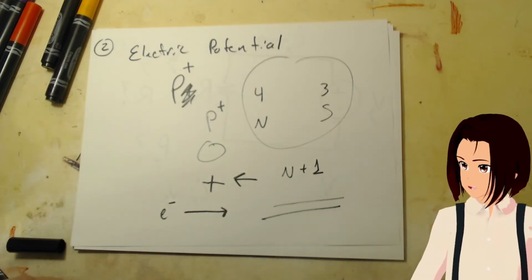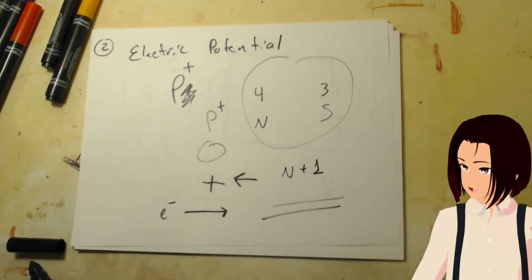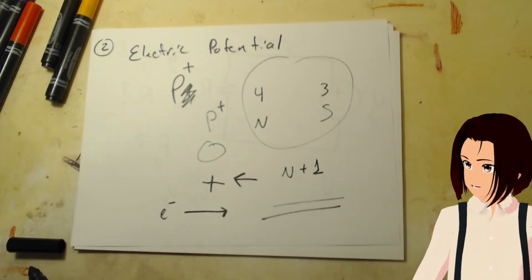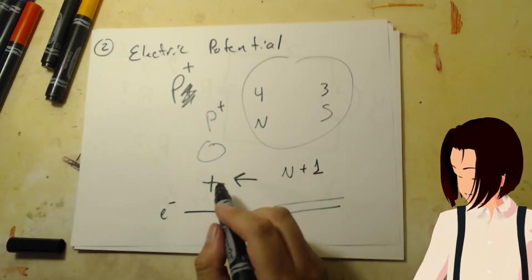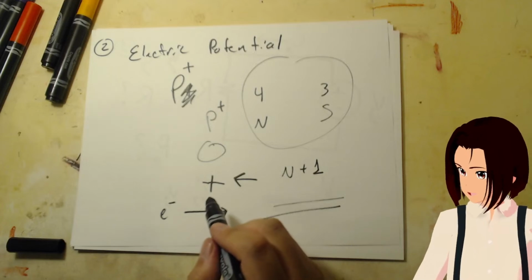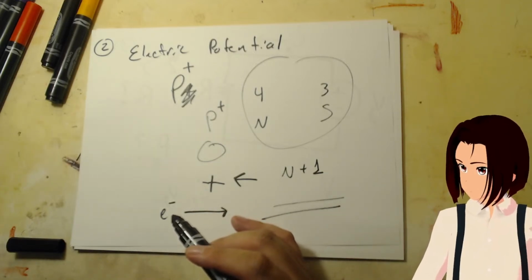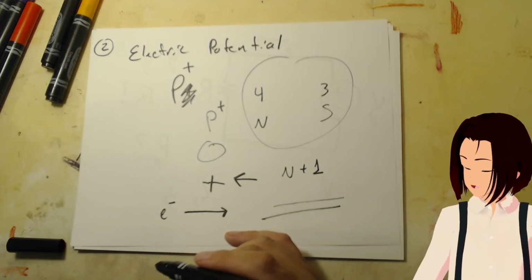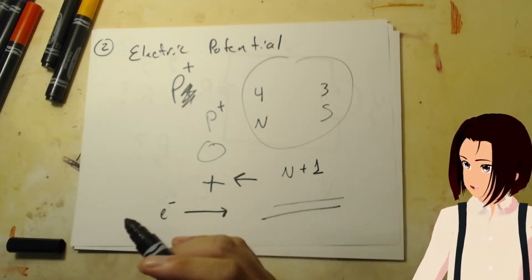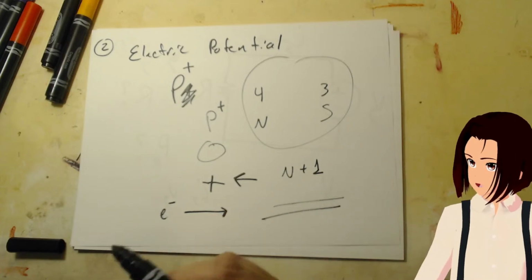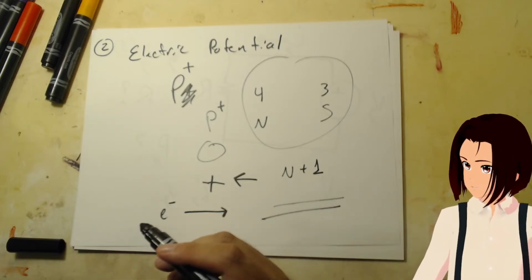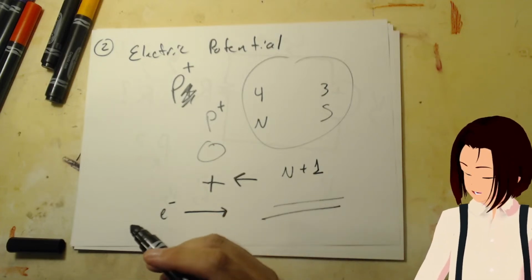And we know that there's stronger charge. If we have a big plus, that's more charge. So if you get a glass rod and rub it with a silk cloth, it's going to be quite positively charged.